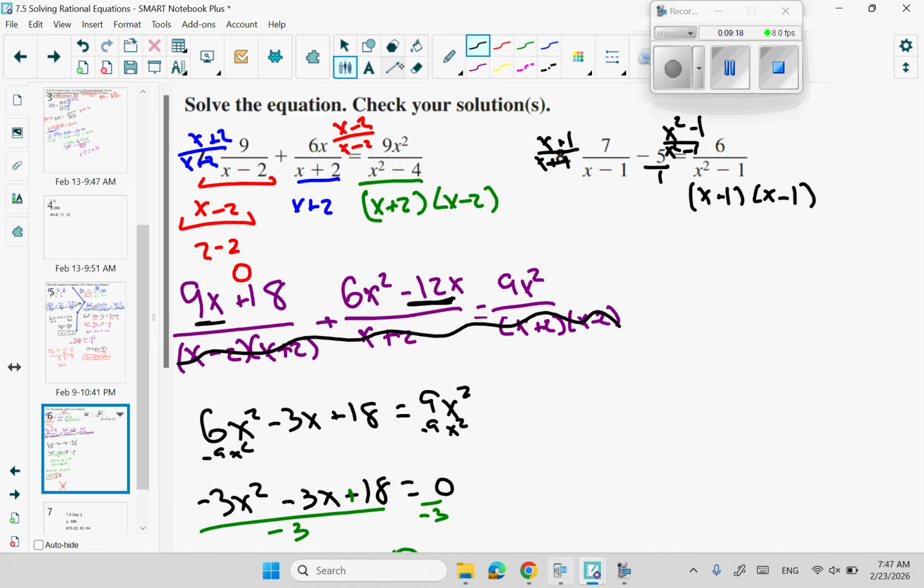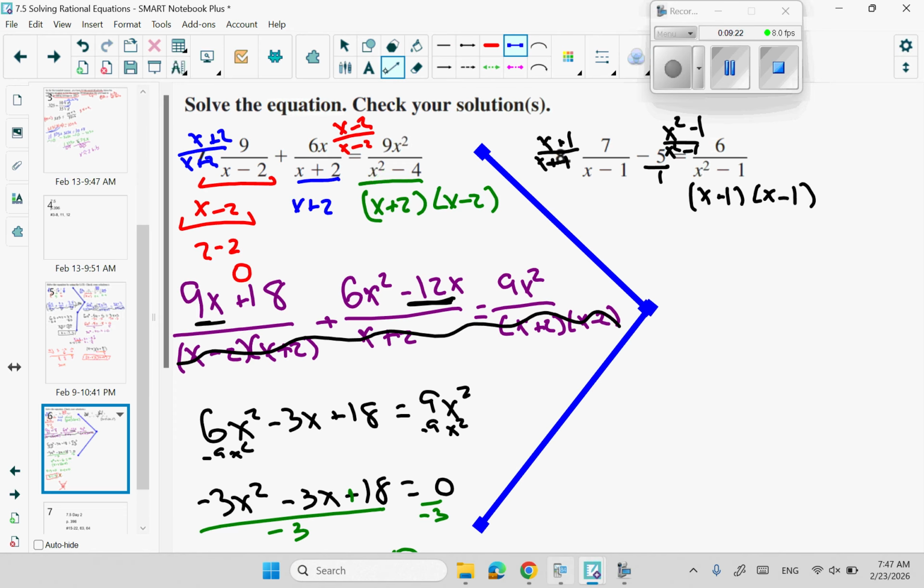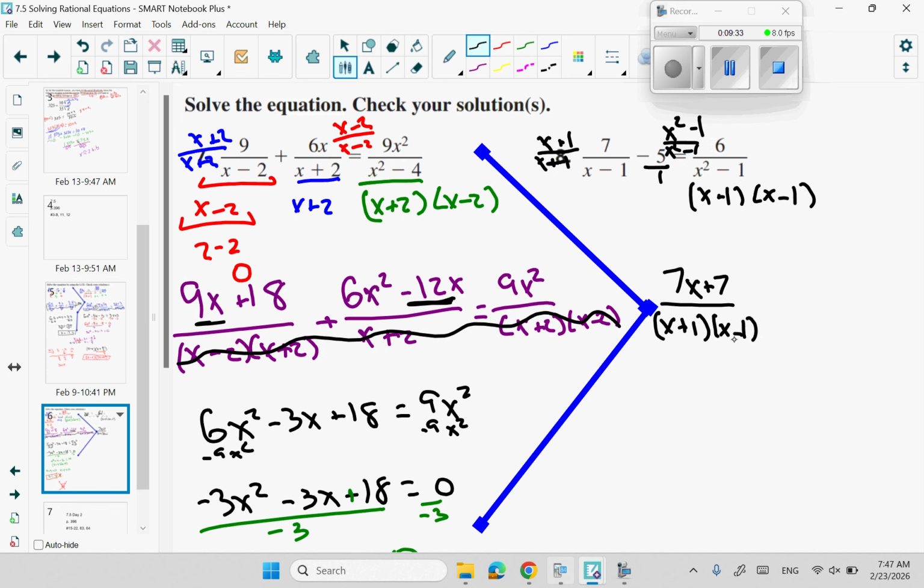So we would get, just for space, I apologize, 7x plus 7 over x plus 1, x minus 1, minus 5x squared minus 5, x plus 1, x minus 1, equals 6, x plus 1, x minus 1.